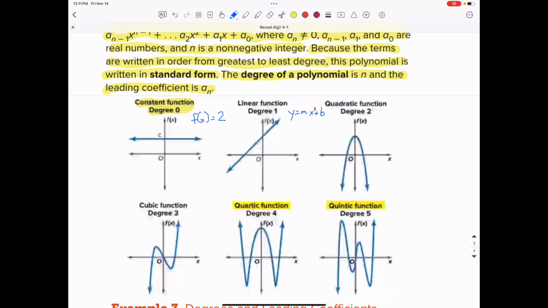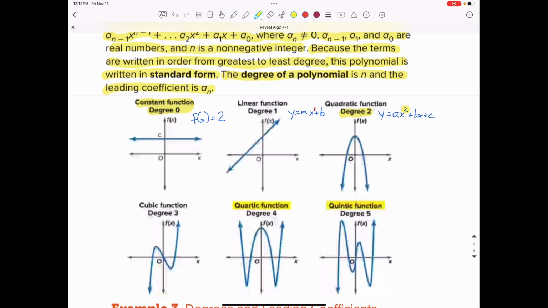Quadratic equations are in the form of y equals ax squared plus bx plus c. You can see our a, b, c that we identified so many times in Module 3. And we know quadratic equations make a parabola. Maybe it's increasing on both sides, or like this one, which is decreasing on both sides. But notice that it has a degree of 2 because the highest exponent in a quadratic equation is 2.